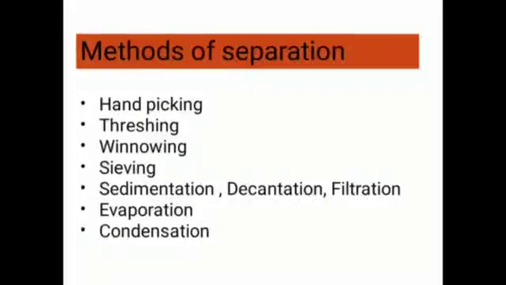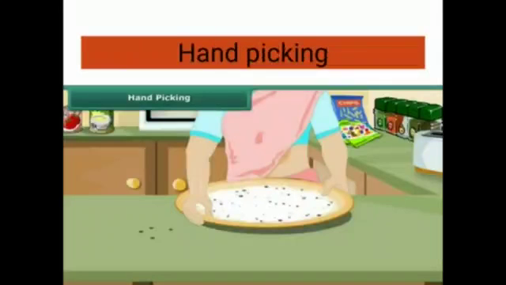So first is hand picking. See, this is a very common method. Before explaining this method, I am telling you one activity. Bring a packet of grain from the shop. Now spread the grain on a sheet of paper.